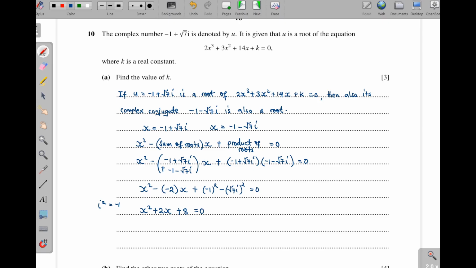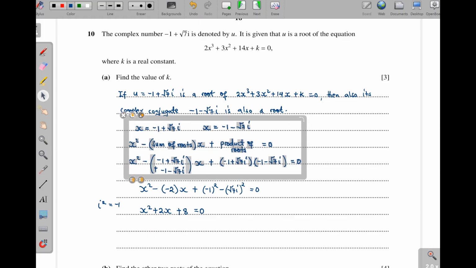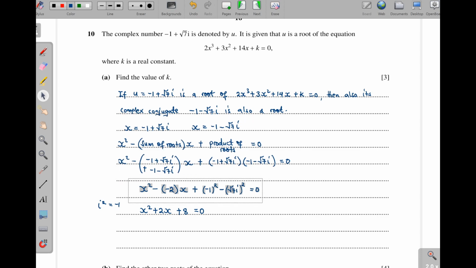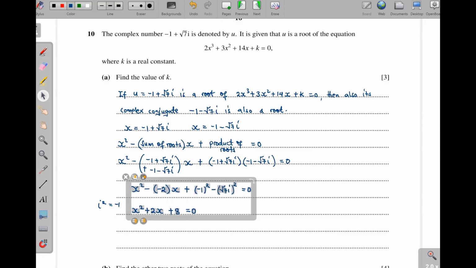Now, we can do long division from here. Let me extend this one a little bit here so that I can create some space. Like that. Now, what are we going to have? We are going to use long division here to get this other value here.